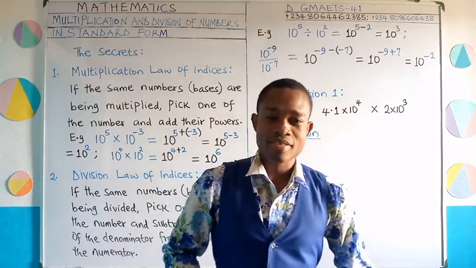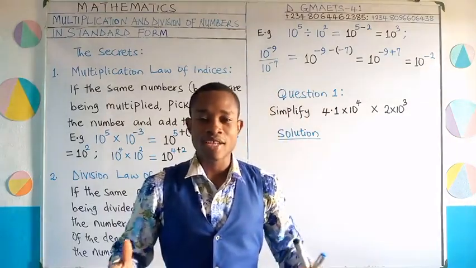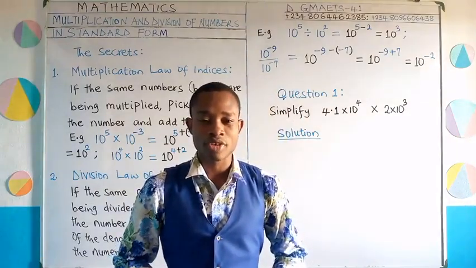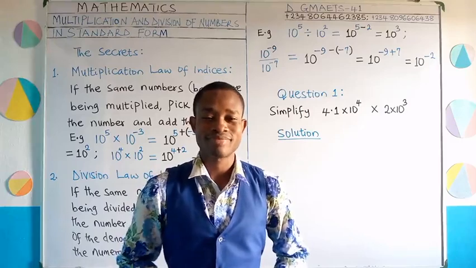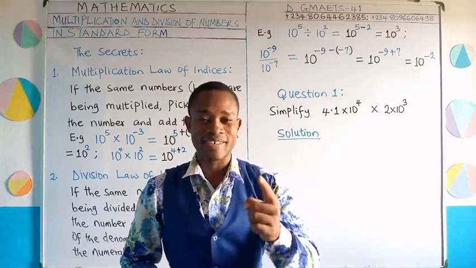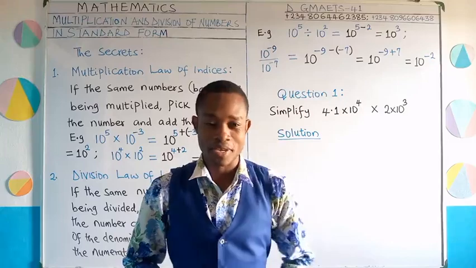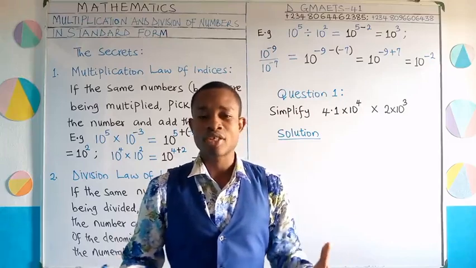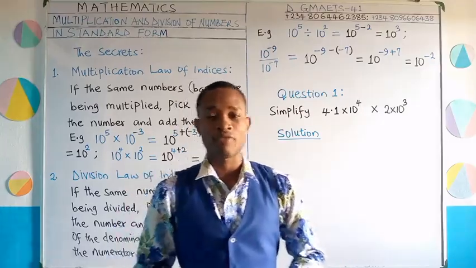In our last class, I taught you how to carry out addition and subtraction of numbers in standard form. I explained one important thing you're expected to know as a secret in order to be able to add or subtract numbers in their standard forms.